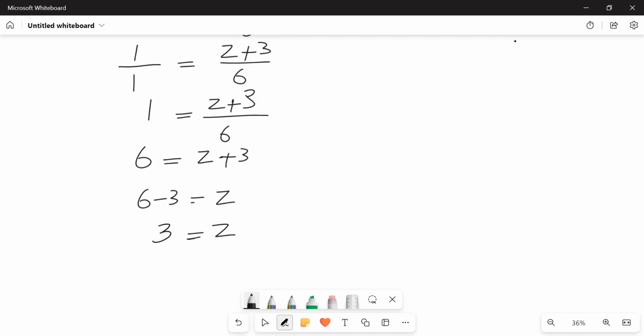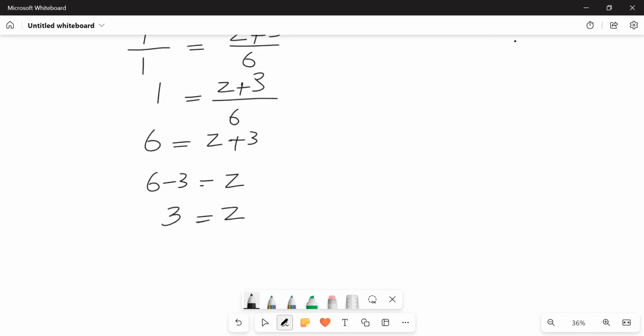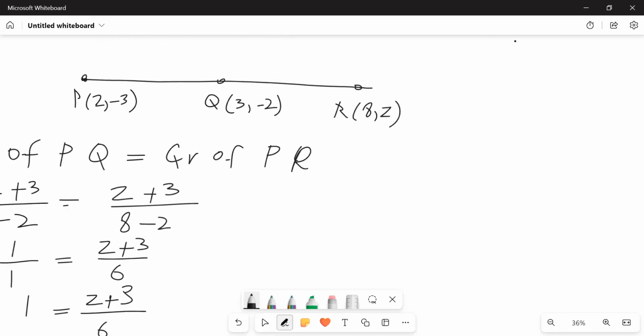Is it clear, Lisa? Yes, Miss. For collinear points, we will find the gradients. We can also take gradient of QR, because we have to find only the value of Z. So we can take any 2 points, PQ or QR, or PQ or PR, gradient of PR.